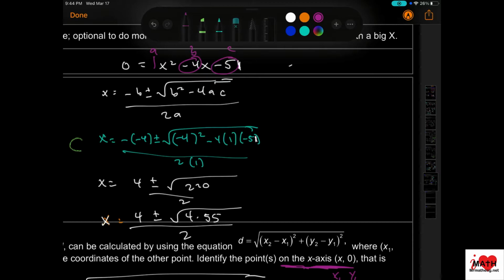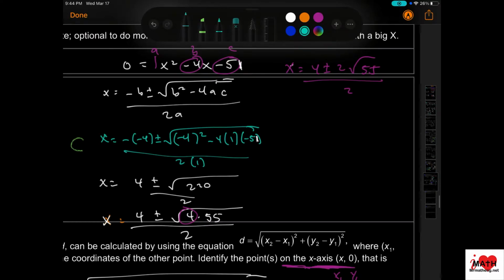Okay, so the square root of 4 is 2. And if you factor out a 2 from all of this, there's like a 1 right there, right? You can cancel the 2's, and your answer is going to be x equals 2 plus or minus radical 55.